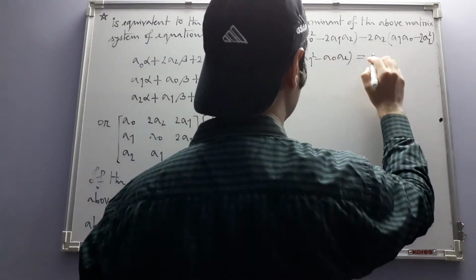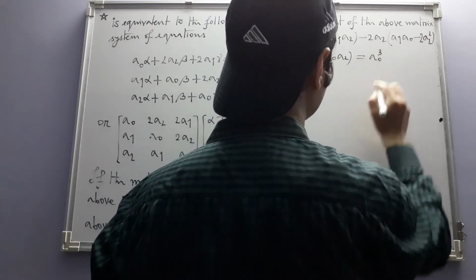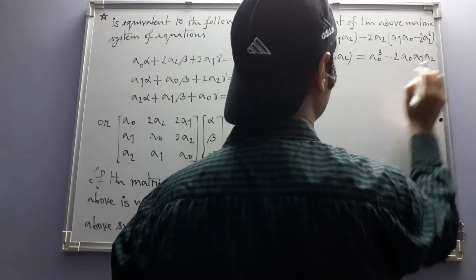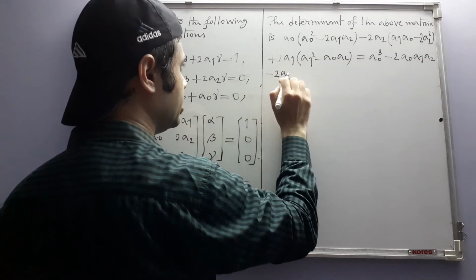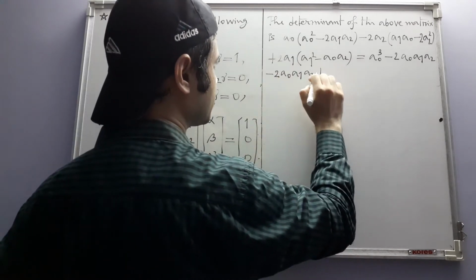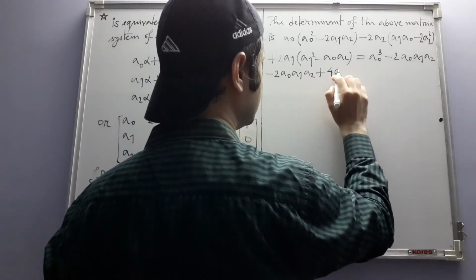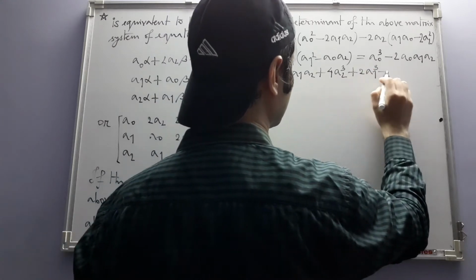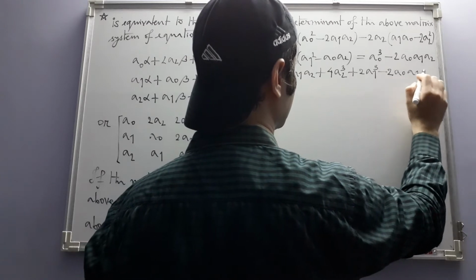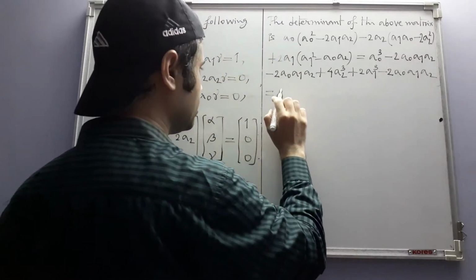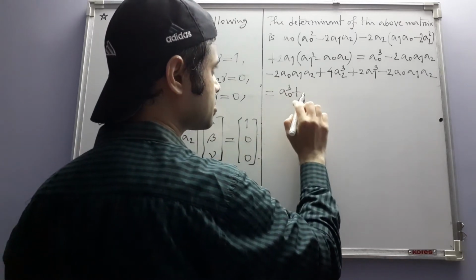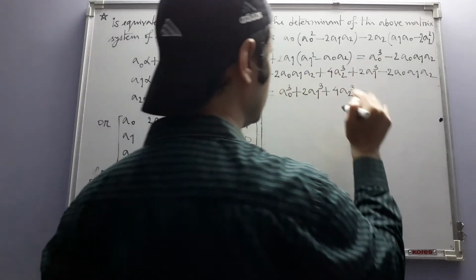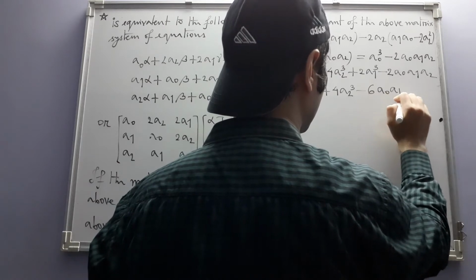Okay, so this becomes, if we simplify, A naught cube minus 2 A naught A1 A2 minus 2 again A naught A1 A2 plus 4A2 cube plus 2A1 cube minus again 2A naught A1 A2, and this can finally be written like this: A naught cube plus 2A1 cube plus 4A2 cube minus 6 A naught A1 A2.